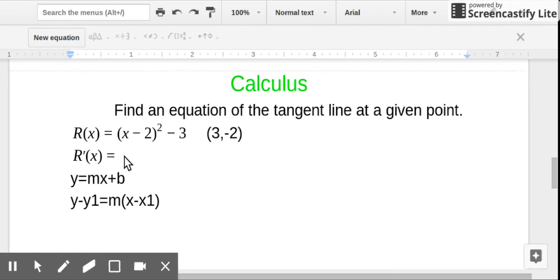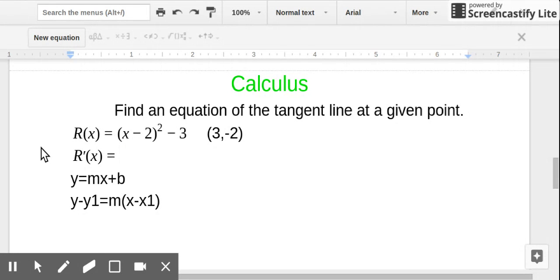All right, I'm going to look at this and tell what the derivative is going to be. I think I got it. 2x minus 4 is the derivative.